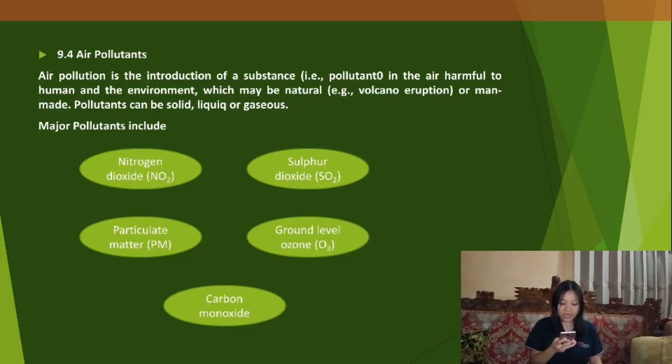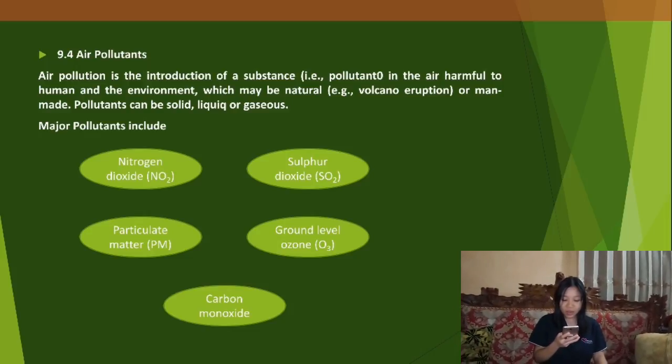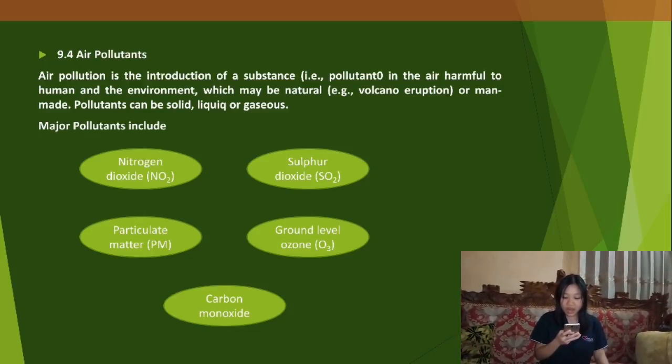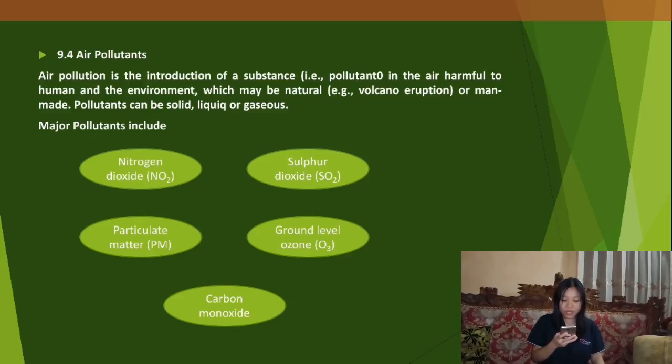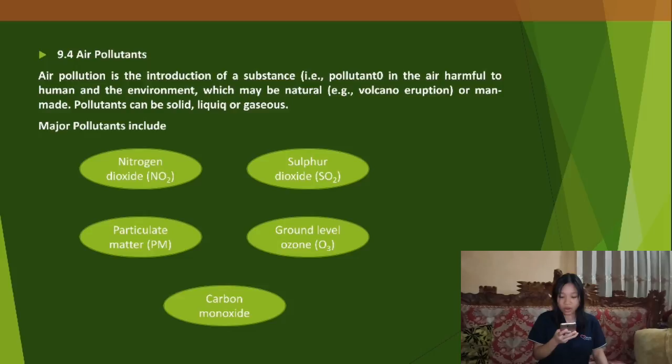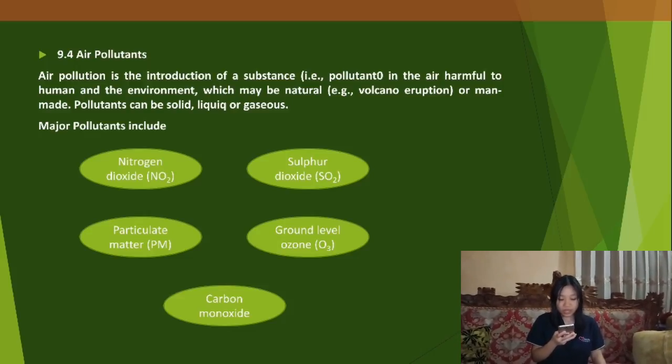Air pollutant is the introduction of a substance, i.e., pollutant, in the air harmful to human and the environment, which may be natural, e.g., volcano eruption, or man-made. Pollutant can be solid, liquid, or gaseous.